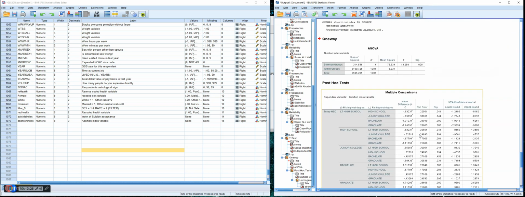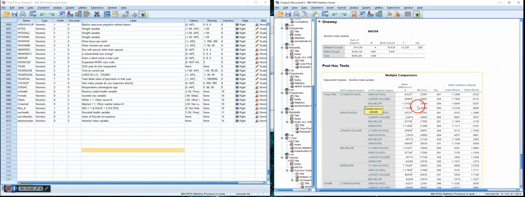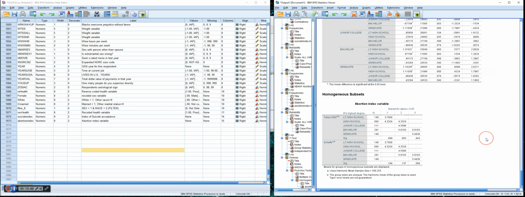The null is that every degree group has the same mean score of the aversion index, but at least one degree group has a different mean score. So we can compare with the post hoc tests like that.